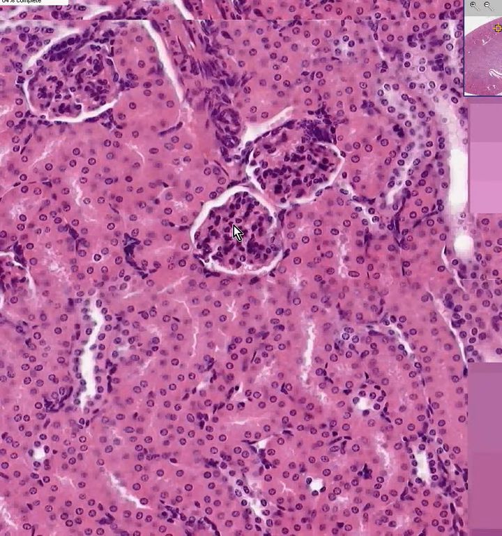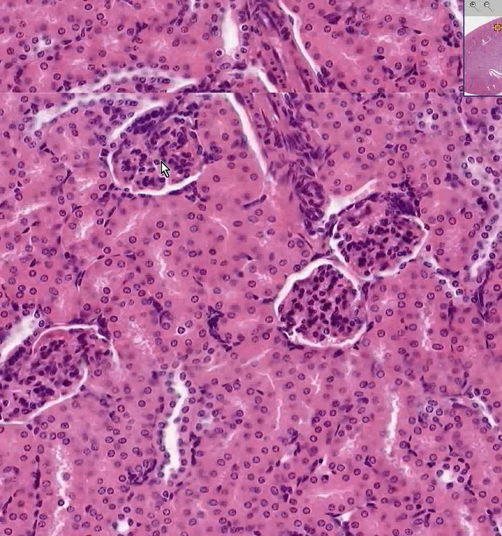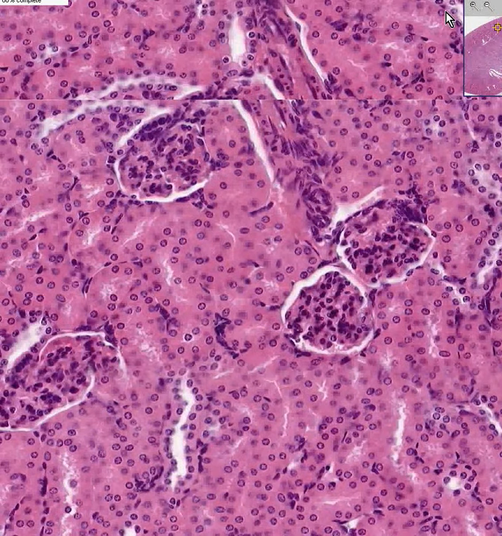The parietal Bowman's epithelium lines the outside of the space, like here, whereas the podocytes are on the inside of the capillary. The other type of cell that you may see, especially if it looks spindly and perhaps there are some blood vessels in it, would be the capillary cells. The third type of cell you see inside a glomerulus is the mesangial cells.